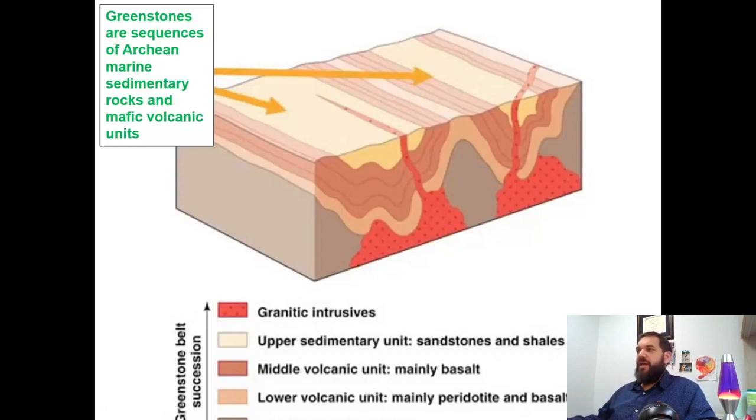They're usually folded, like I show right here. These are usually very old, so they've been through the wringer. They're pretty old and contorted, squeezed, faulted, and folded. Here's some Archean-age granite intruded into those greenstone belts.